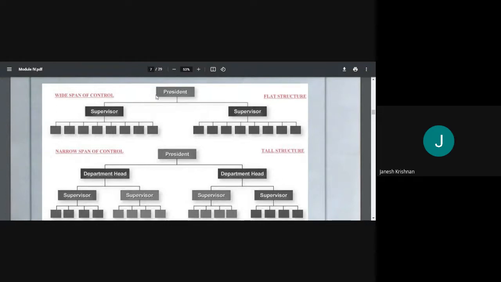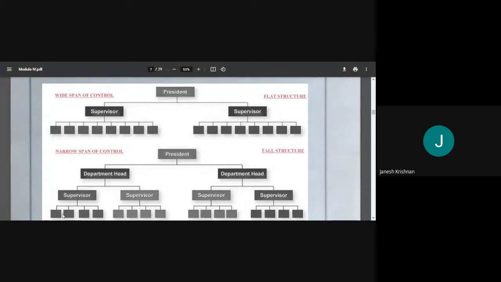Okay, we have the president, we have the two supervisors, and each supervisor is having 1, 2, 3, 4, 5, 6, 7, and 8. The first supervisor is having 8 people under him. In the second case, the president is there, department heads are there, supervisors are there, but one supervisor is having only 4 subordinates under him.